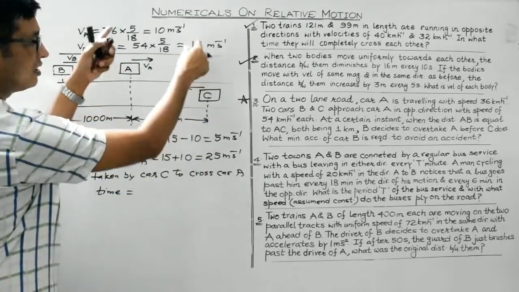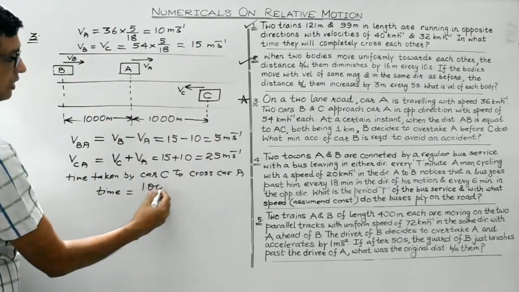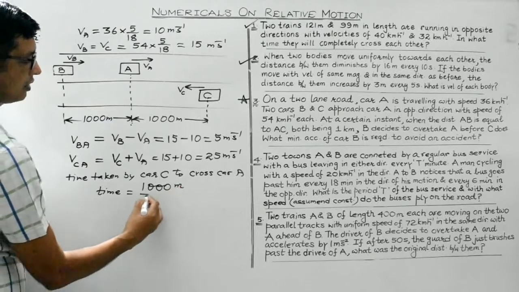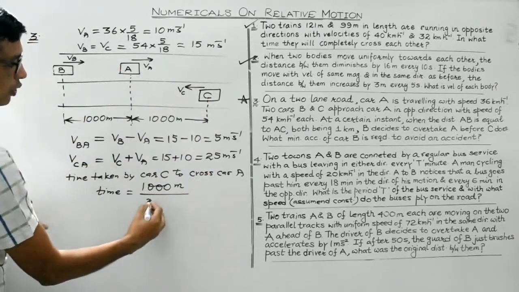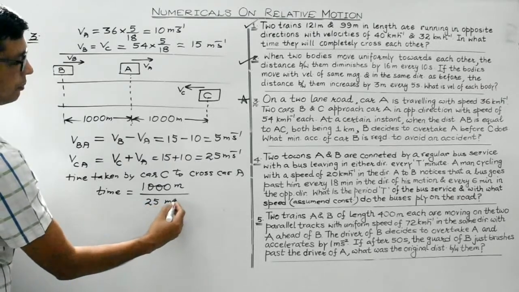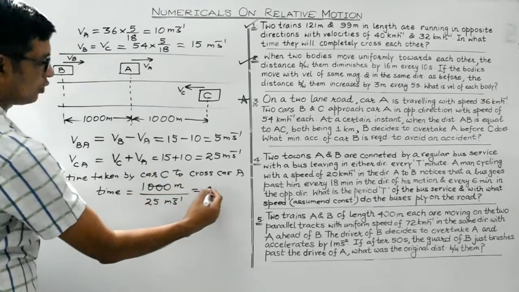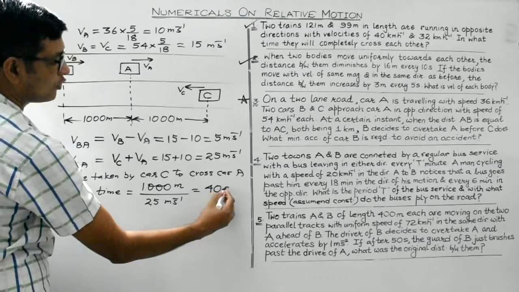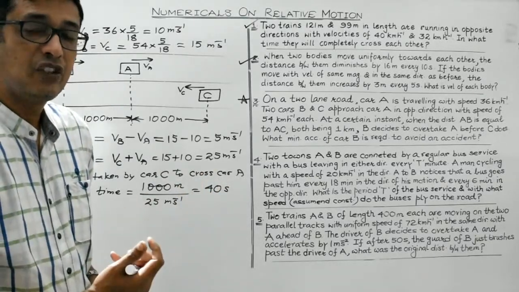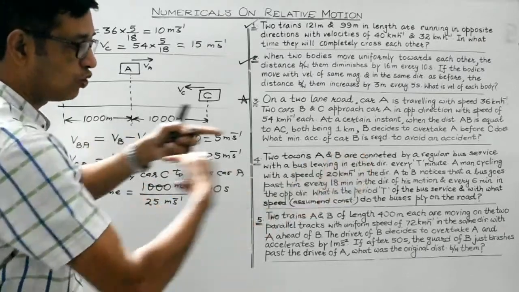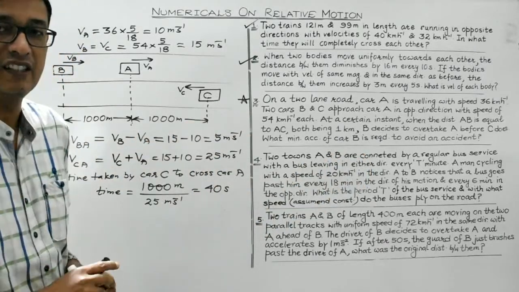What is the distance between C and A? It is 1000 meter, right? And what is the effective speed of car C with respect to car A? That is 25 meter per second. So it will be equal to 1000 divided by 25, that is 40 seconds. So car C will cross car A in 40 seconds.